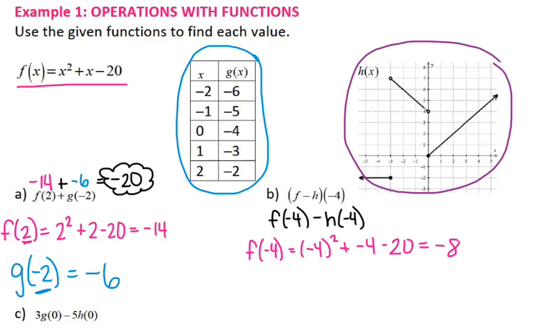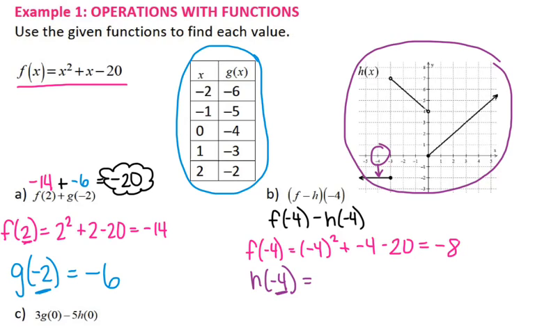And for h of negative 4, h is your graph. When you're finding values for your graph, don't forget what's inside your parenthesis, that's your x. So I'm going to go to negative 4 on my x, and I'm going to see where that actually hits your graph. At negative 4, my graph is at negative 2.